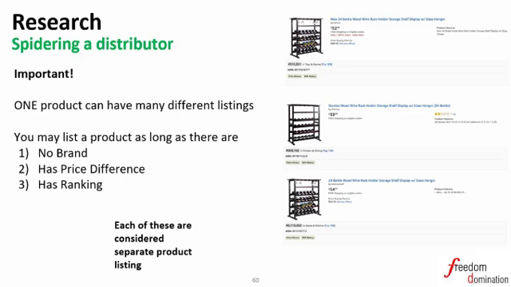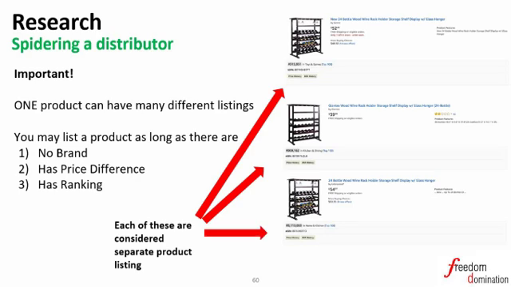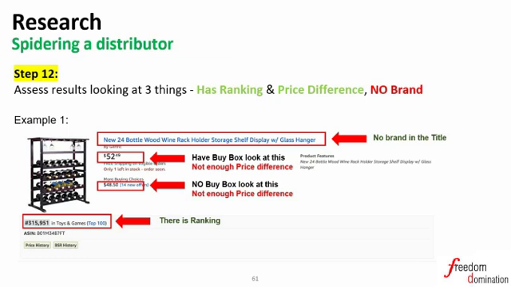Each of these is considered a separate product listing. We shall assess results looking at three things: has ranking, price difference, and no brand.